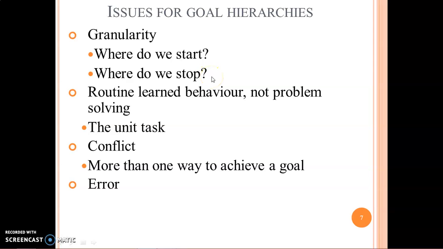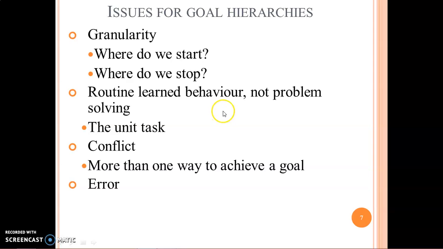At the extreme, we could extend our analysis to larger goals. And when I am saying where do we stop, we would say that we are trying to decompose the task until we get down to the individual hand and eye movements of the user, or we can stop at a more abstract level. These are the two questions which talk about granularity.